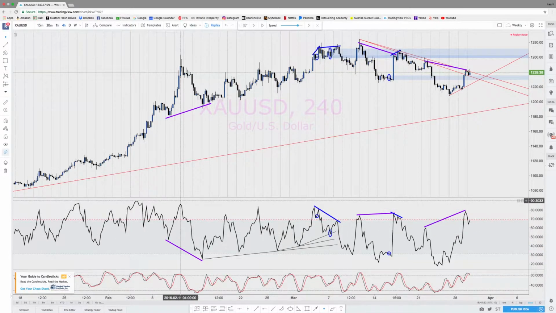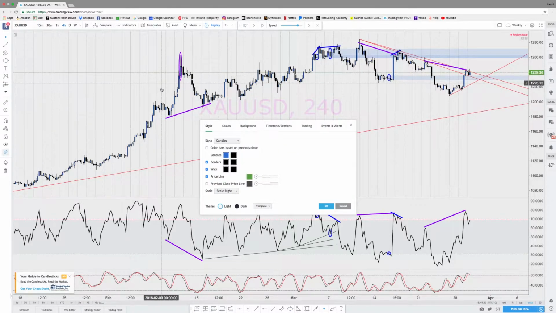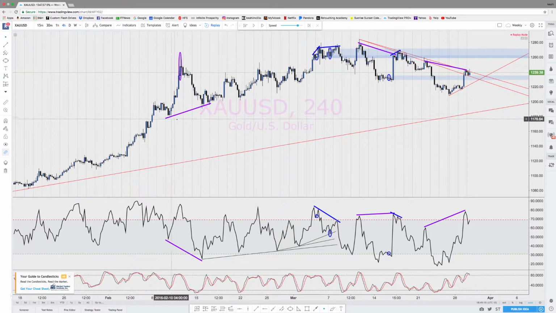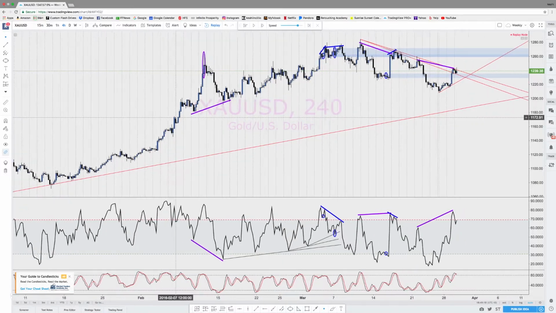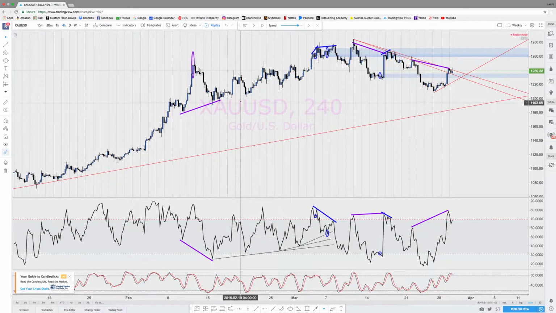It doesn't give me the zone I'm looking for. That zone candle is all the way up here, and I'm looking for a zone down in here somewhere. So let's see.